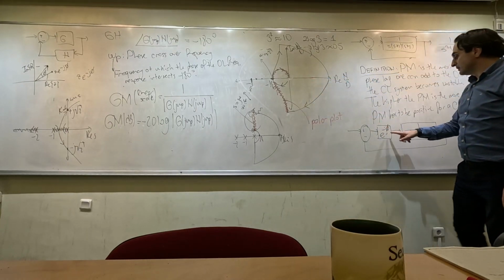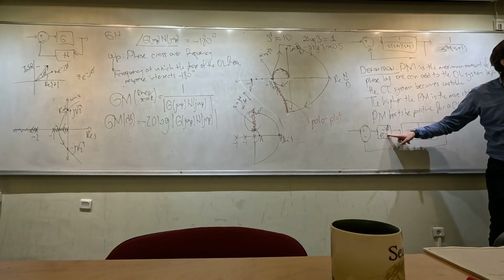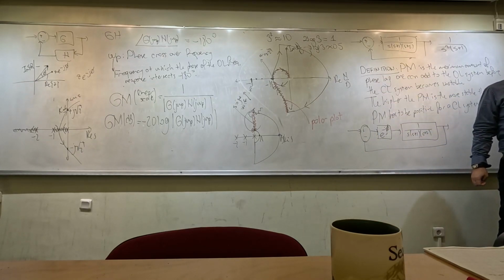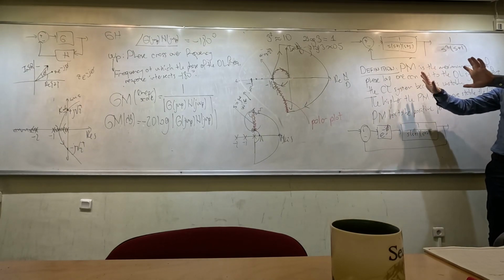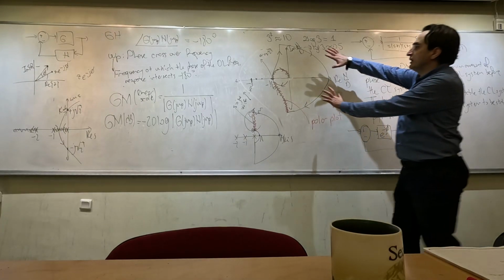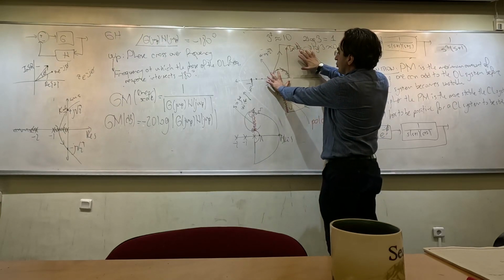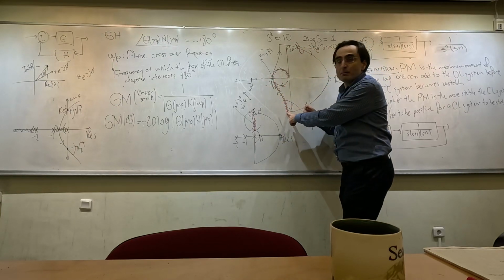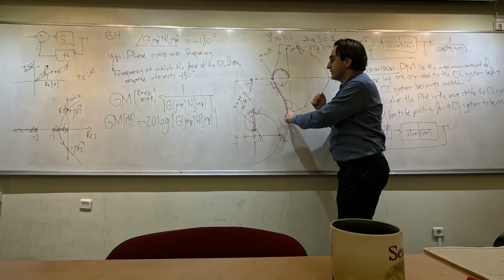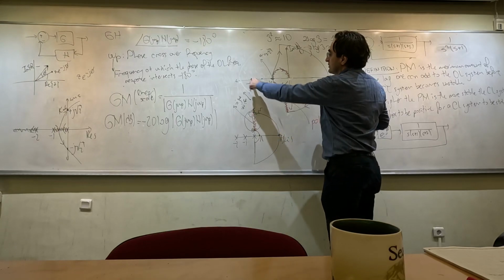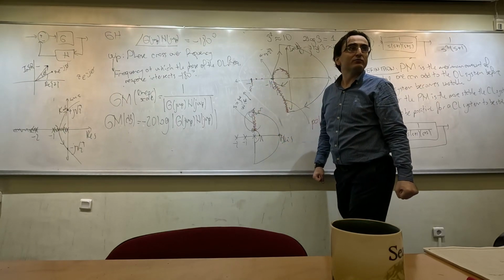Every point is going to be multiplied by this complex exponential. So the Nyquist plot is going to rotate in clockwise direction. Everything is going to rotate around the origin, and at some rotation angle phi, we are going to start encircling the point minus 1.